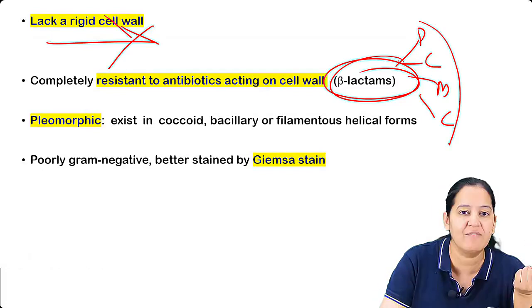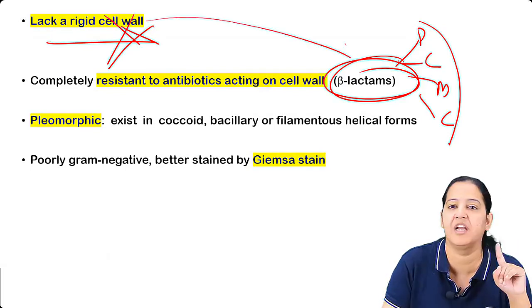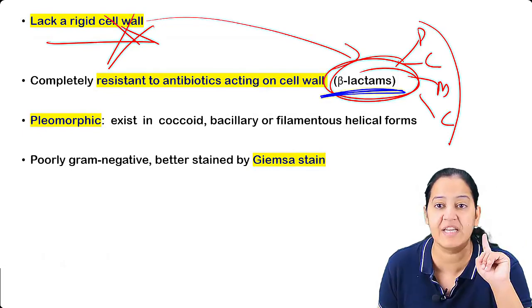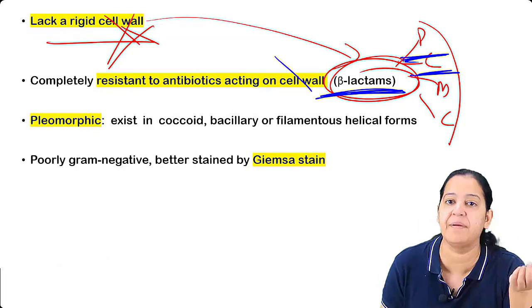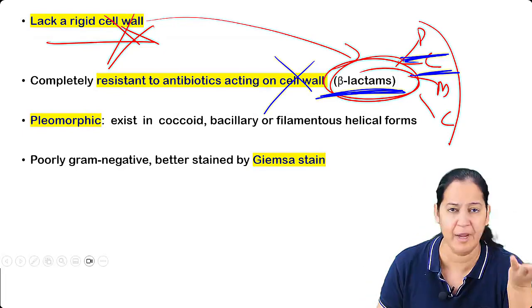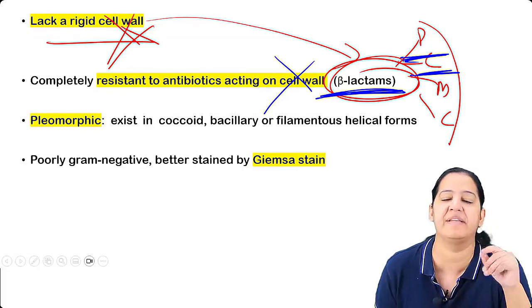But mycoplasma doesn't have a cell wall. So I mean to say this bacteria is not killed by beta-lactam antibiotics. Because the mechanism of penicillin and cephalosporin is killing the bacteria by inhibiting the cell wall, and mycoplasma doesn't have one.